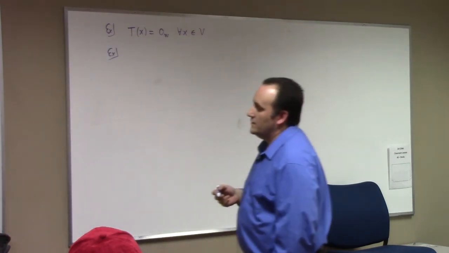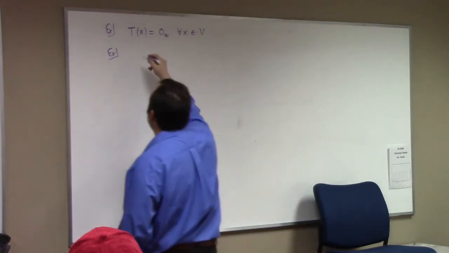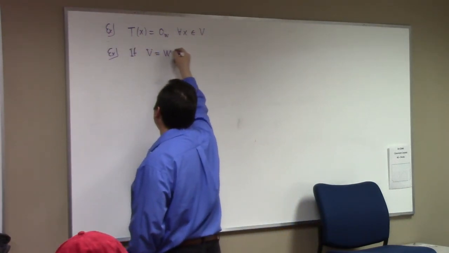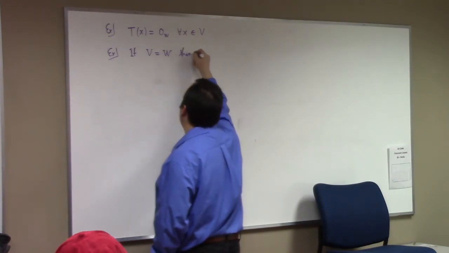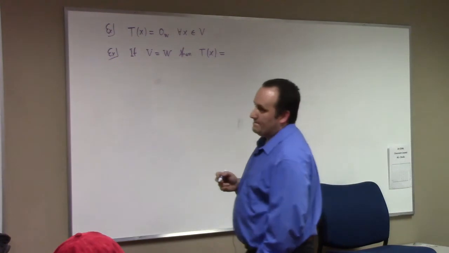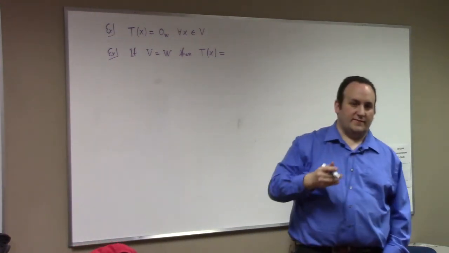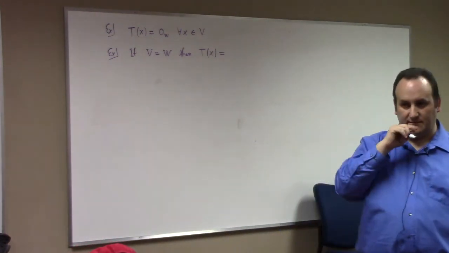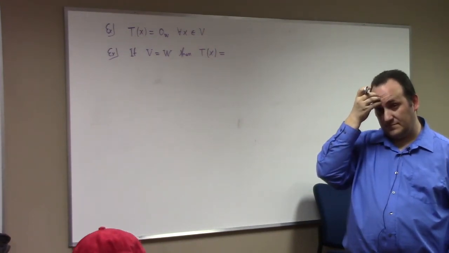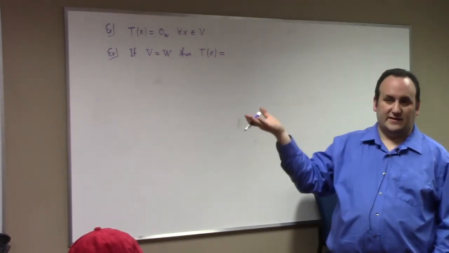Another example, how about this? If V equals W, then we can define T(x) equal to what? It makes sense to write, if V and W are equal, right? What can I do? I could just put x again, right?